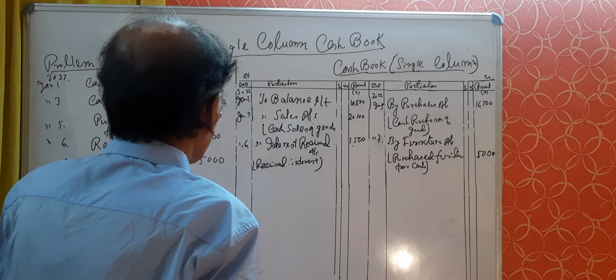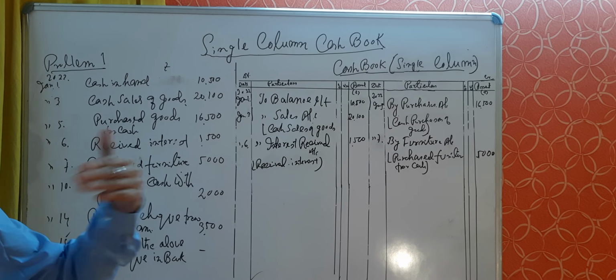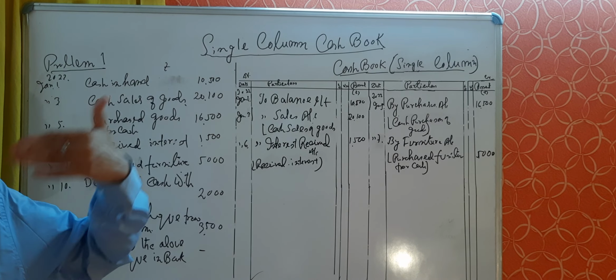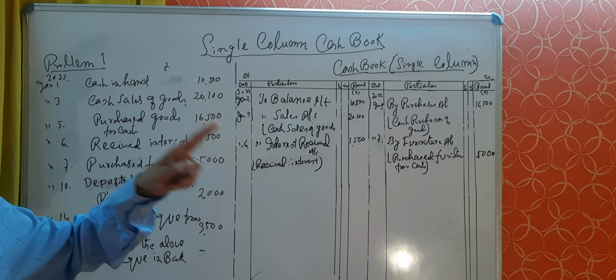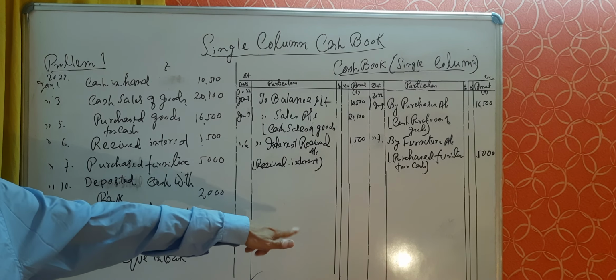Next transaction is deposited cash with bank. Here also cash goes out and is being deposited with bank. So bank account debit to cash account. We should go to the credit side of the cash book and write by bank.